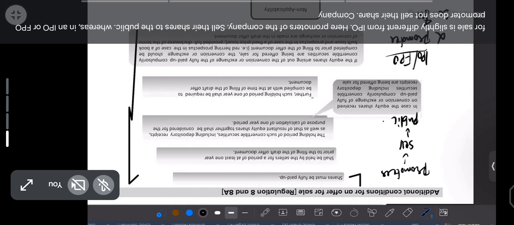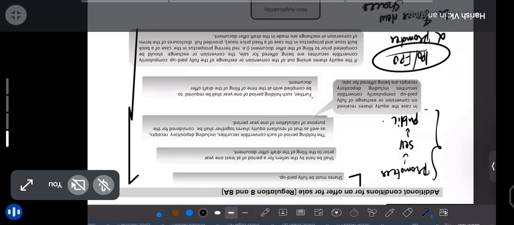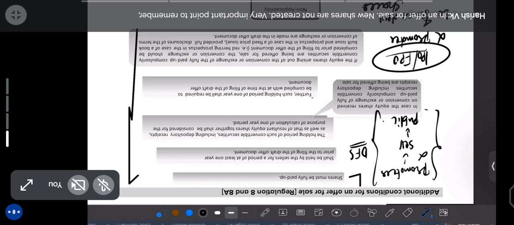Company issues new shares. So new shares are created in an IPO or FPO. But in an offer for sale, new shares are not created. Very important point to remember. LIC did this recently. LIC was a government company.